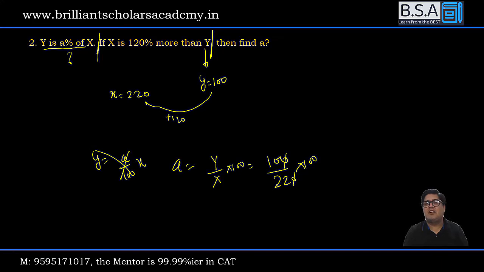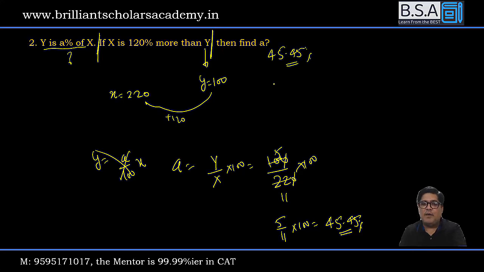Cancelled, cancelled, cancelled. 11, 5. What is 5 by 11? 5 by 11 is 45.45 percentage. A is 45.45 percentage. It is fundamental of percentages.